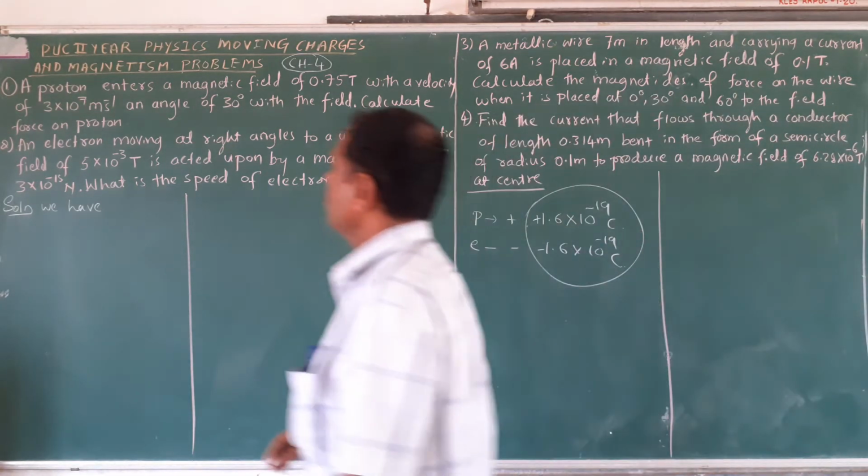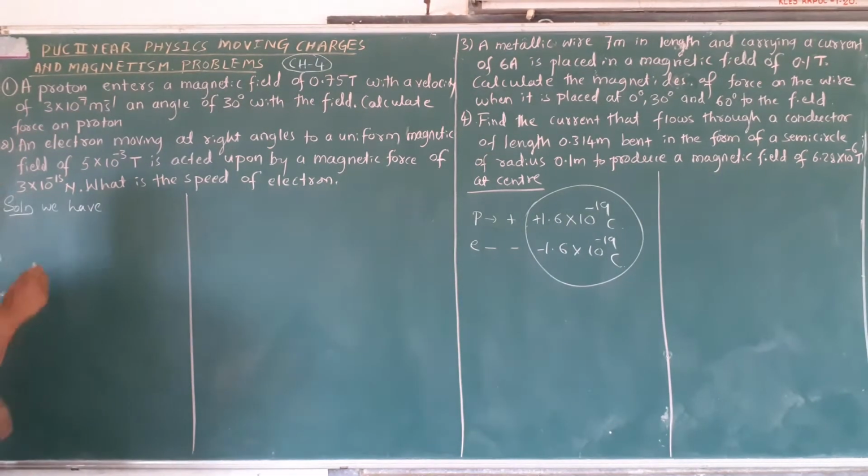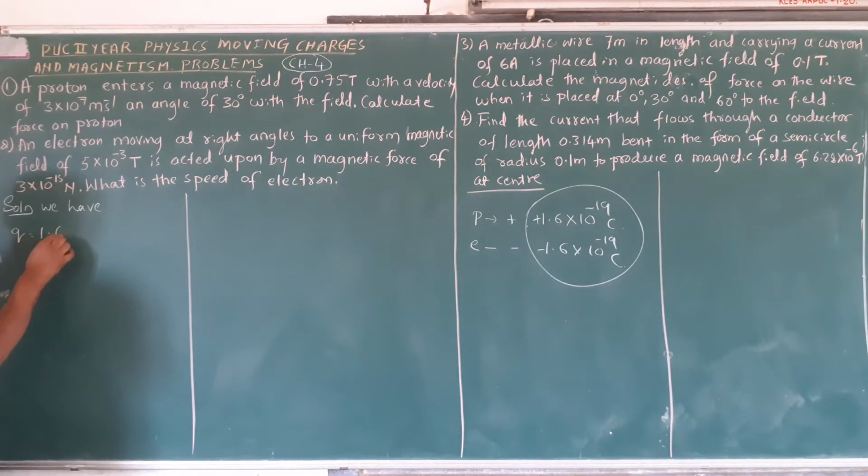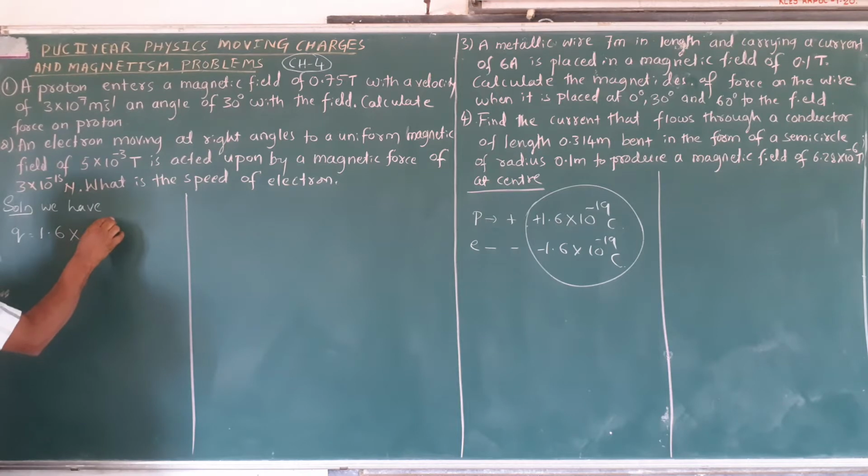Now see here. Proton means the charge is 1.6 into 10 to the power of minus 19 coulomb.